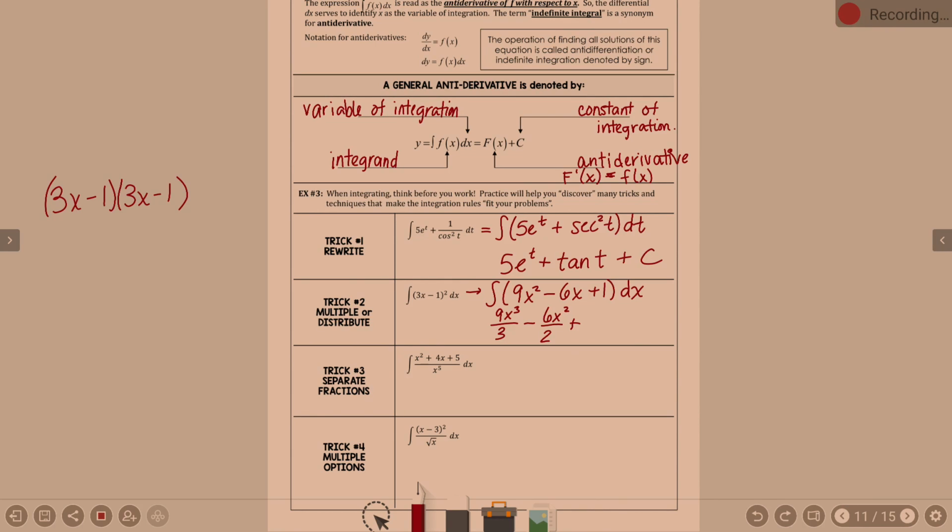X, yes? If it's a constant, just tag an x on, so it's 1x, I guess. And then plus c. I'm going to clean this up, though, and say 3x cubed minus 3x squared plus x plus c. Take as many or as few of these beginner baby steps as you want. Okay?